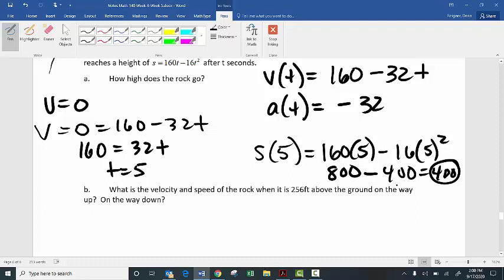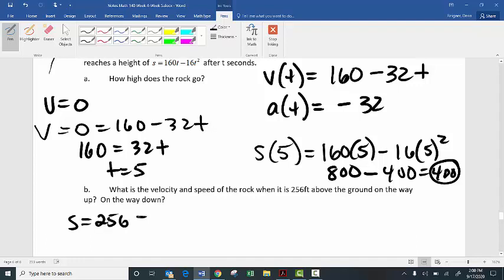Speed is always the absolute value of velocity, okay? So it says when it's 256 feet above the ground. So what you have to do is figure out the time, and then you can just use the velocity function to figure it out. In this case, our height is 256.